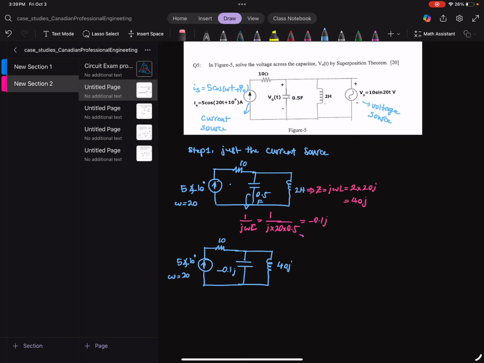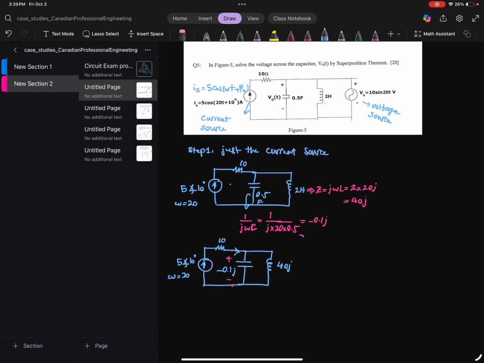Minus 0.1j. Okay, so we have this current coming in here, and in order to find this voltage across here, the voltage across the capacitor is actually the voltage across the inductance too. So we need to do a voltage division.